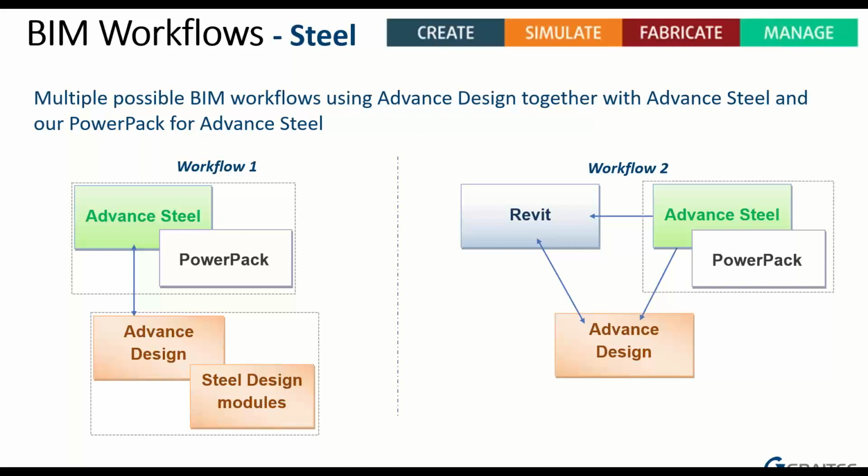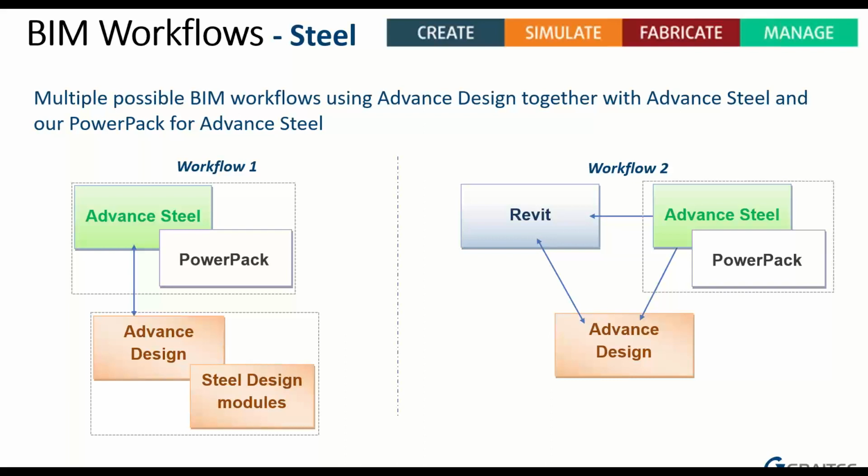So workflow one is the workflow with Advanced Steel. Some of you perhaps might come from a fabrication background or detailing, draftsmen, who tend to use Advanced Steel for some of their projects. So we have that workflow between Advanced Steel and Advanced Design. But today the focus is primarily on workflow 2.